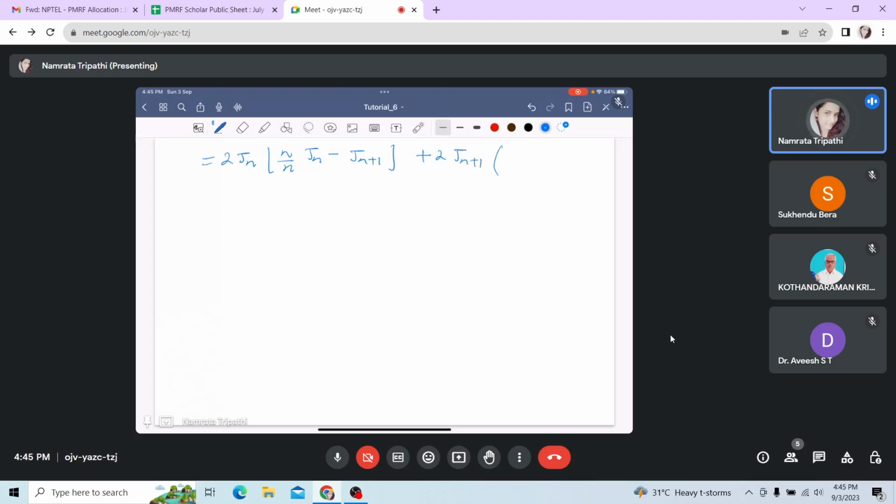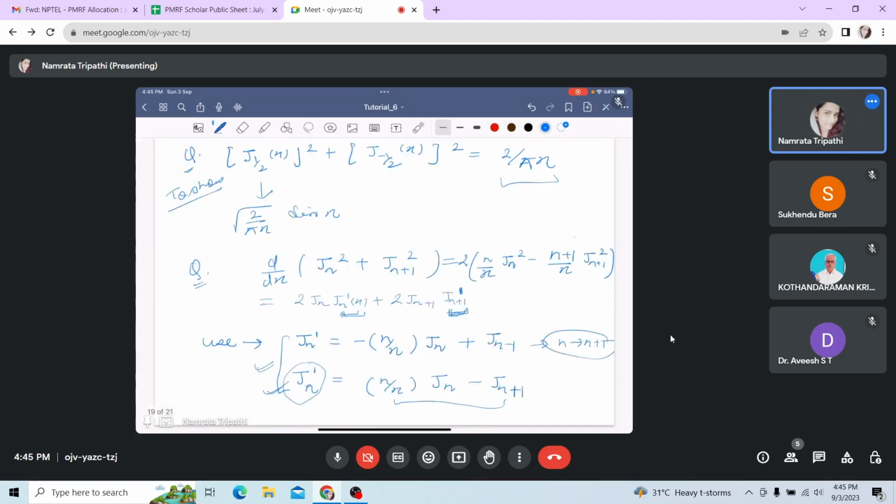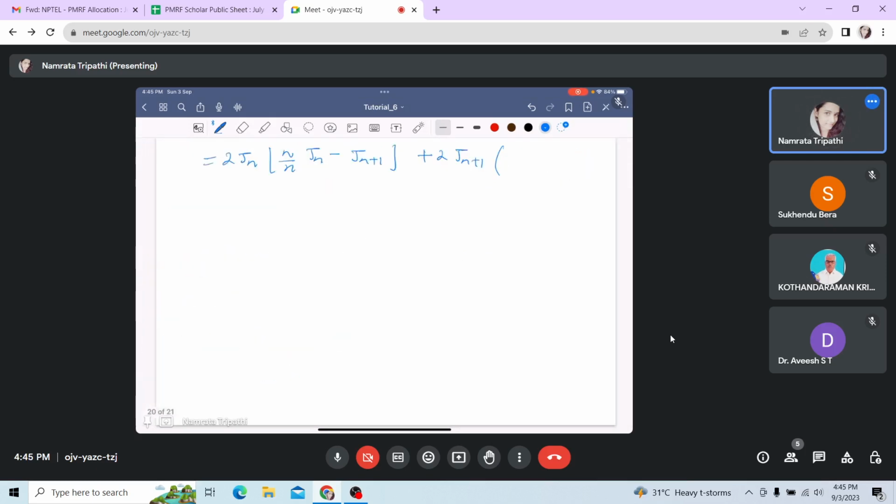After replacing n with n plus 1 in equation 1 in this expression, you will get minus n plus 1 upon x zn plus 1 plus z of n. Now you can simplify and then you will get the expression.